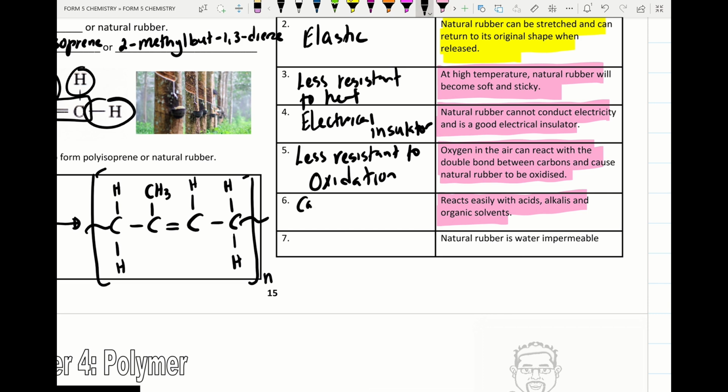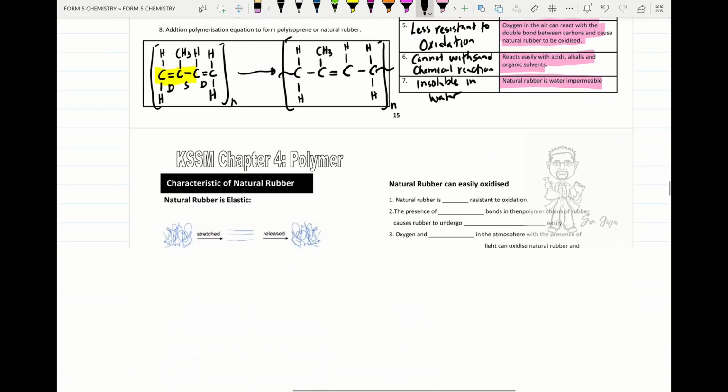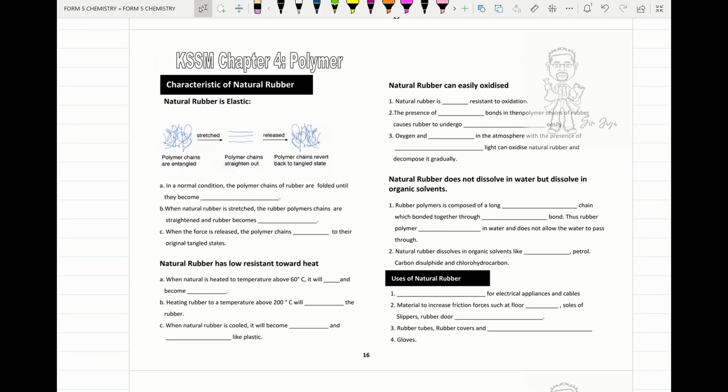So natural rubber cannot withstand chemical reaction. Last point: natural rubber is water impermeable, which shows that natural rubber is insoluble in water. Now we move on to the explanation for each characteristic of natural rubber.